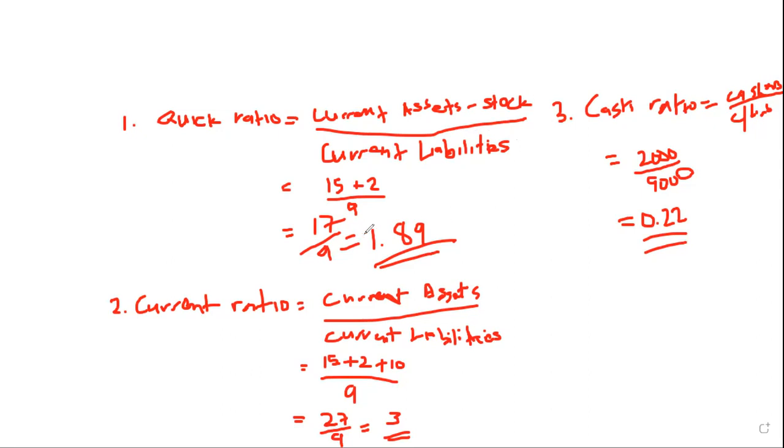So these are like times. For the current ratio, it means you are 3 times capable already to pay the current liabilities when they fall due. So from the current assets that you have, you are able to pay even 3 times, which is a good thing.